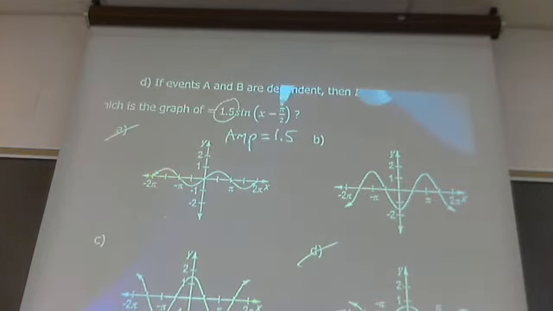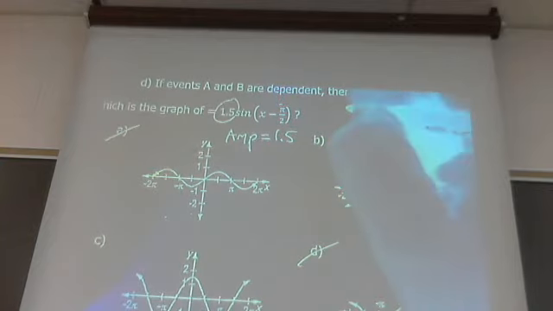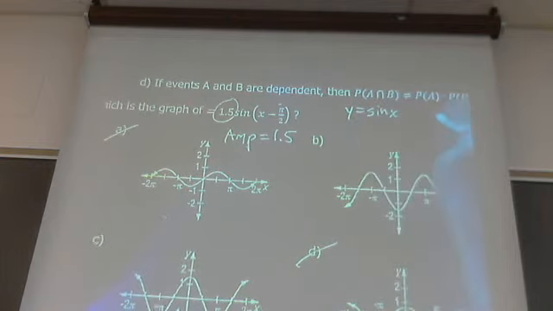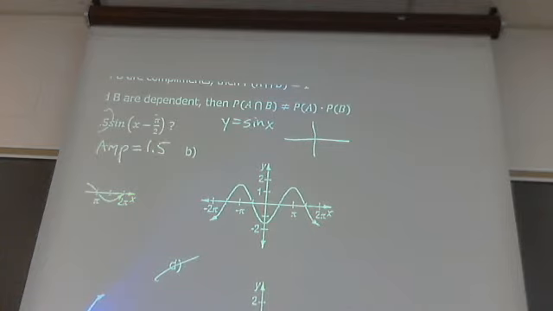Is this a shift to the right pi over 2 or to the left pi over 2? To the right pi over 2. So I'm looking for a good old sine wave. Now, where was h, k on a good old sine wave? Where's it at? Okay, that would be cosine.